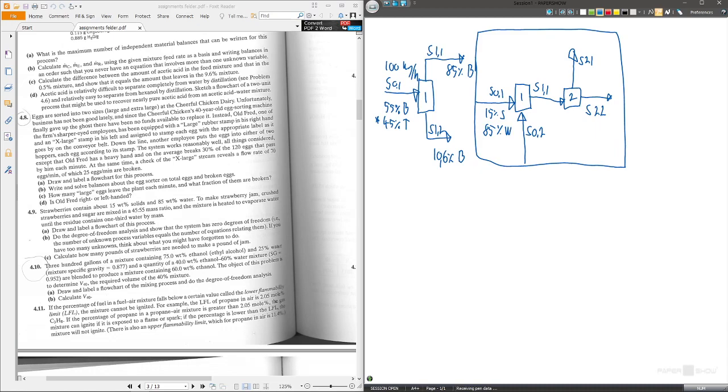Our 02 is where I want to add my sugar, or my glucose, I've decided to call it. This will be pure sugar, so that is 100% glucose. We mix them together. So in stream 1-1 we actually don't know anything about the compositions.